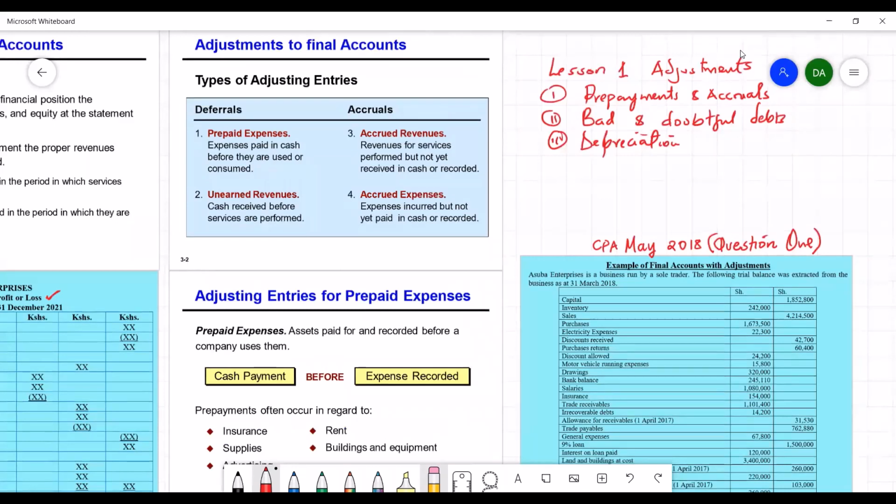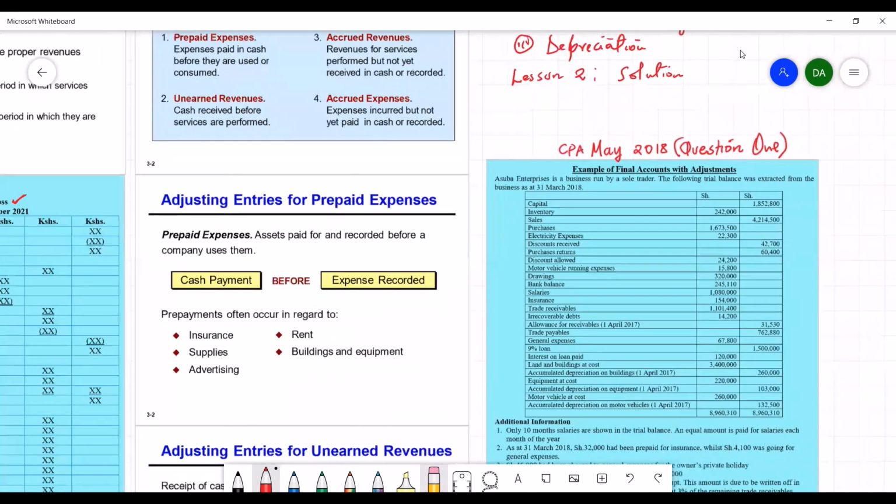And then in lesson 2, I'm going to provide a solution for this question of CPA May 2018, question number 1, which is about preparation of final accounts.